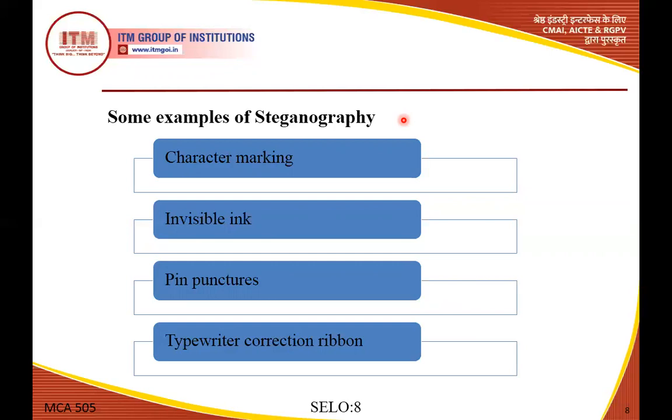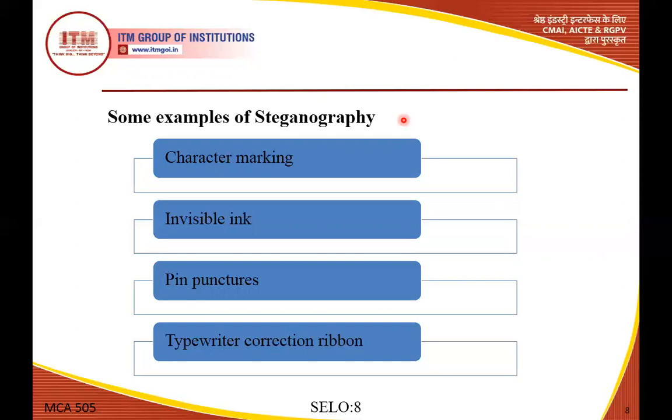The marks are ordinary but not visible unless the paper is held at an angle to a bright light. It means if you write anything on a paper, and on the backside you take another paper on which a marking of your writing is there, you can see it. That is called character marking.